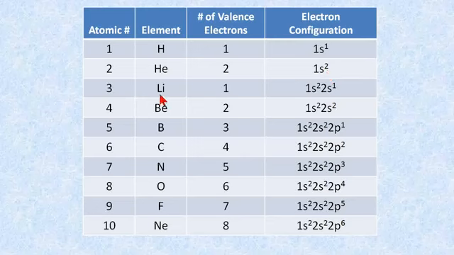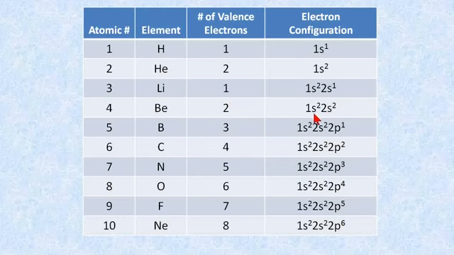When we get to lithium, it goes down to 1s2, which is the first shell it fills. Then it fills the next shell, and it fills the s subshell right here with 1 electron. In other words, it'll have 1 electron in this outer valence shell, which is what this is here.